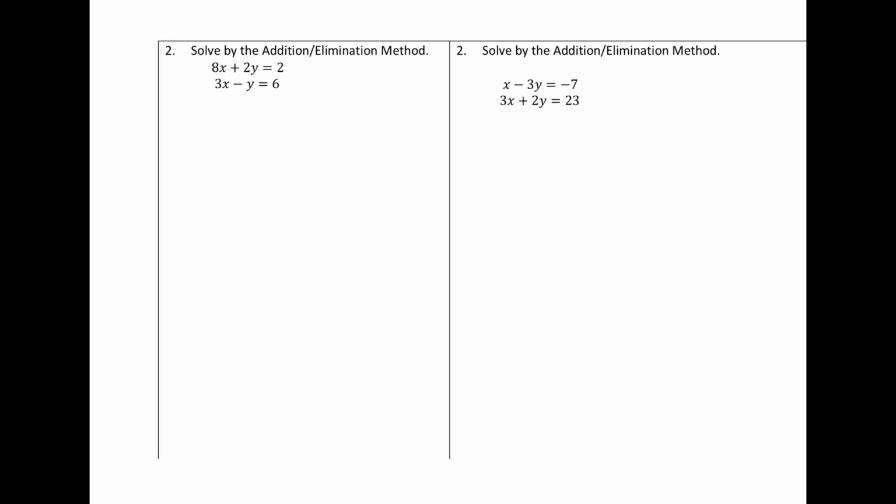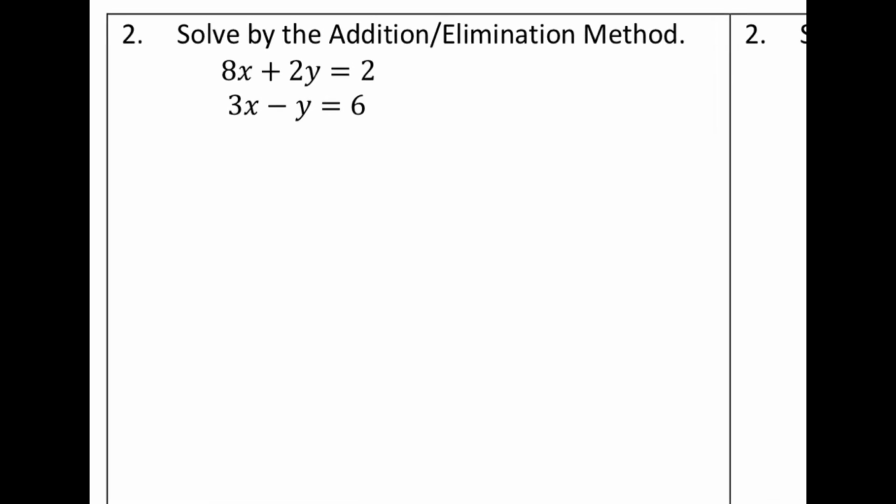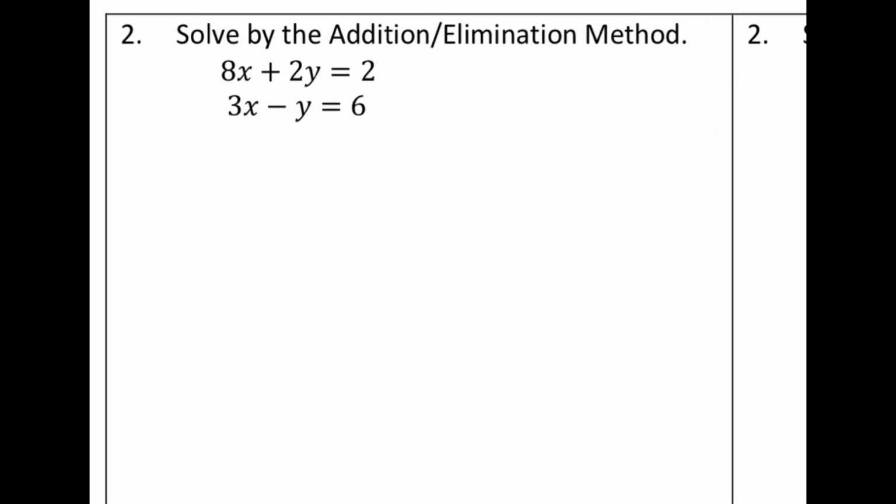Okay, so let's do the example number 2. All right, what we're going to do on this one is multiply either one or both rows by whatever it takes. What I look for is one that is already positive and negative and see if that works. And in this case, it does, because this is a 1y.